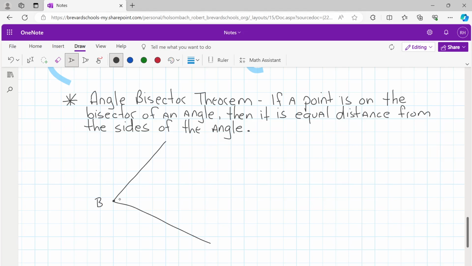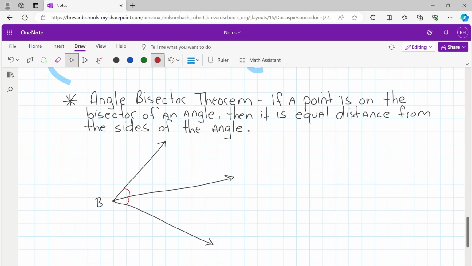So we're going to try to eyeball this so that we bisect this angle. So maybe like here. And we're going to put a point on this. Well, it's not an angle bisector yet. It's not an angle bisector until we know that these two smaller angles are congruent to each other.